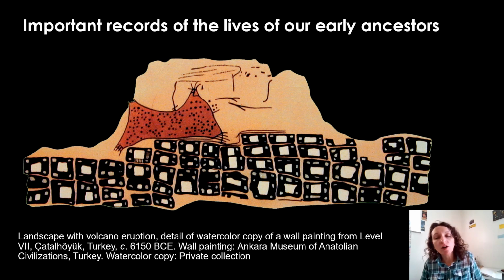This artwork comes from the Neolithic time frame, and one of the reasons I want to put it in is because it comes from Turkey, so it's a slightly different area of the world. It is a wall painting from a cave that depicts a volcano erupting, and then this community that we see below it.